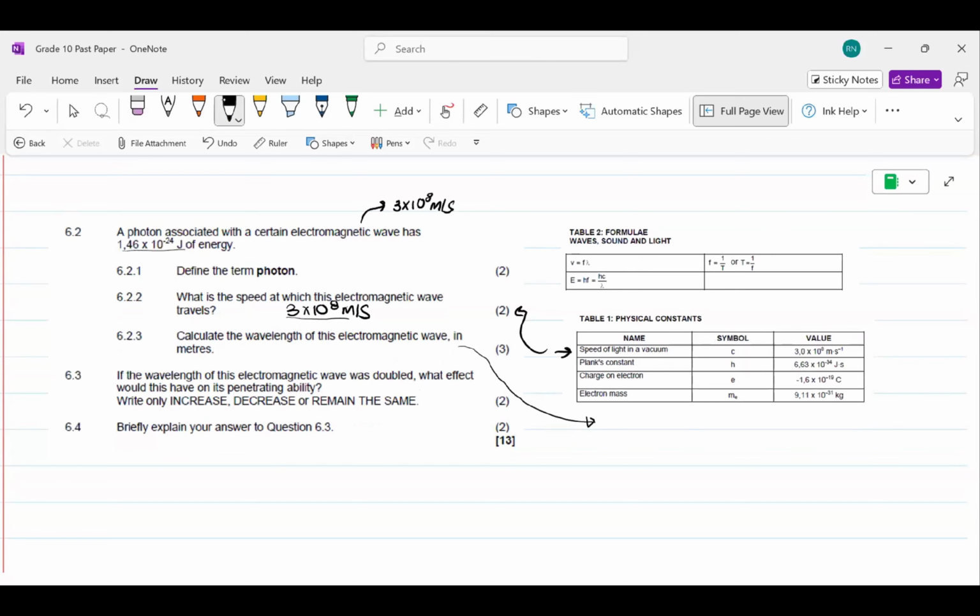Remember, we have a specific formula for our electromagnetic waves. It's not going to be the same as c equals frequency times wavelength. We have a specific one for photons. What is the wavelength for this electromagnetic wave?